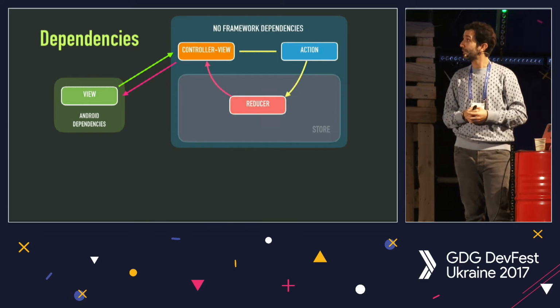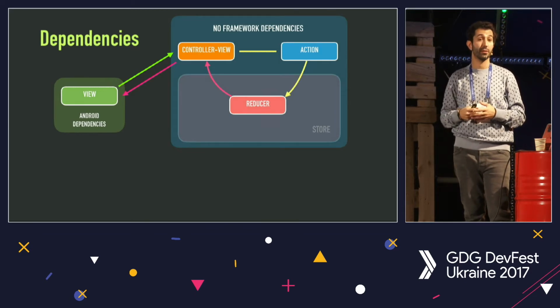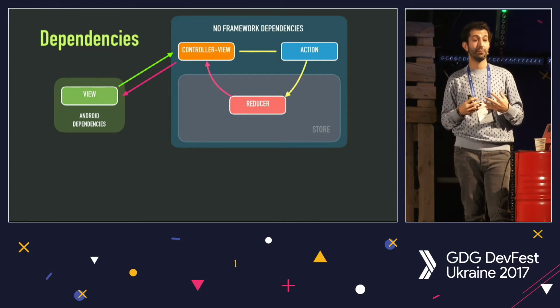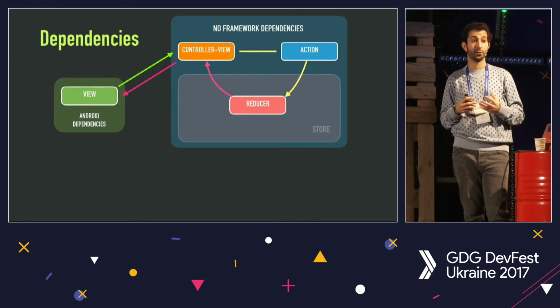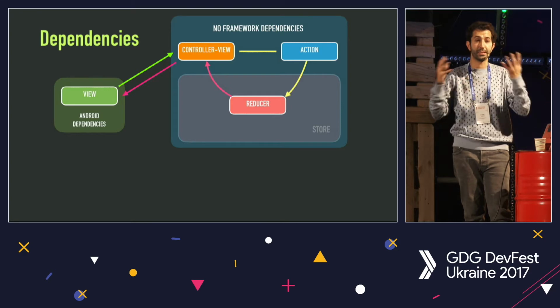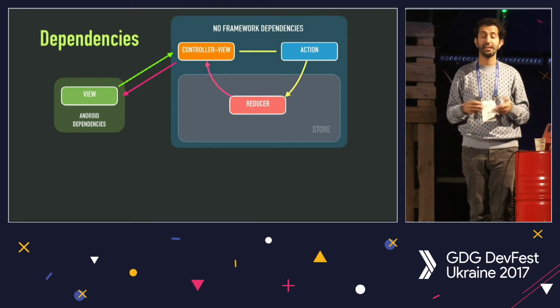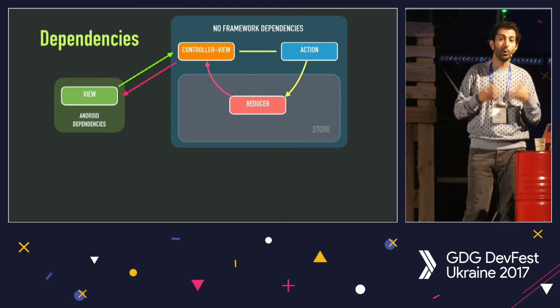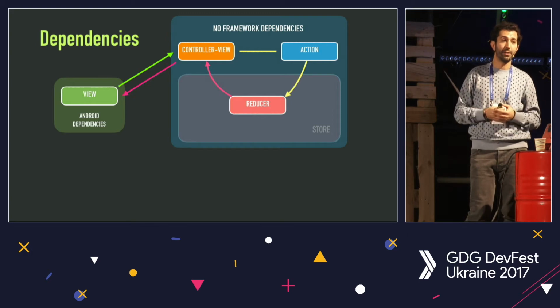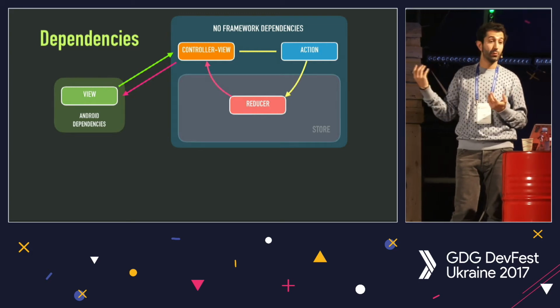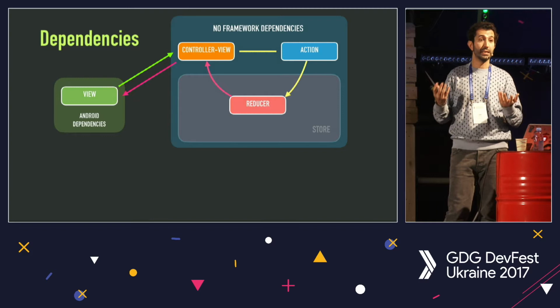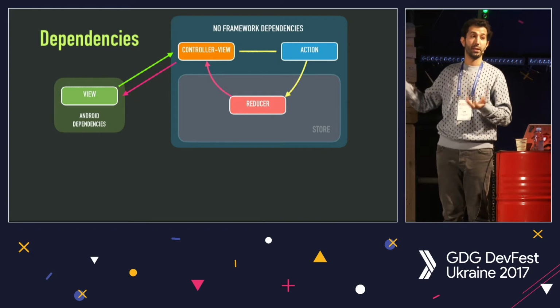Then we have all these elements, the controller view, the actions, and the store with its reducer, that don't have any Android framework dependency. So they are just pure Kotlin code with your standard library, and also with other libraries that you want to use that don't require framework dependencies. In the sample app that I created, we are not using any library, so it's just pure Kotlin.